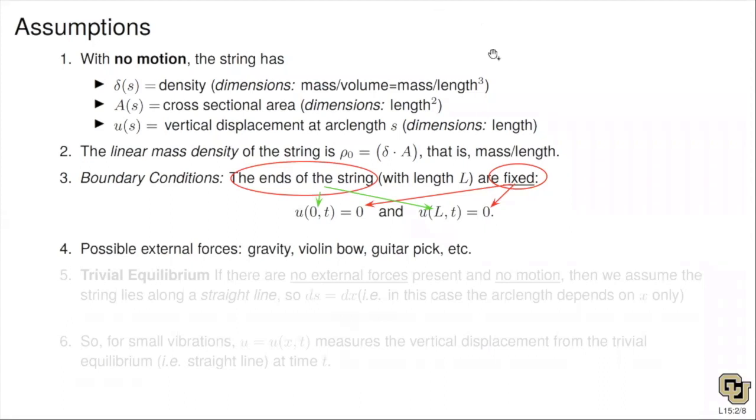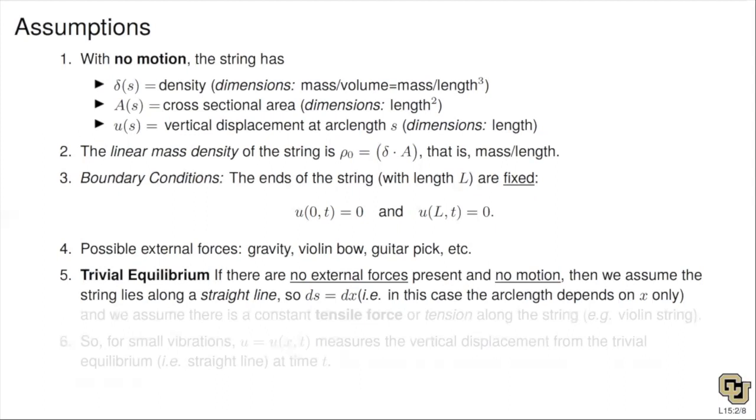And just like with our heat equation with the rod, where we had possible internal sources of heating, here we have some external forces that could affect the vertical position of the string, such as gravity, a violin bow, or a guitar pick, depending on what you're applying the situation to.